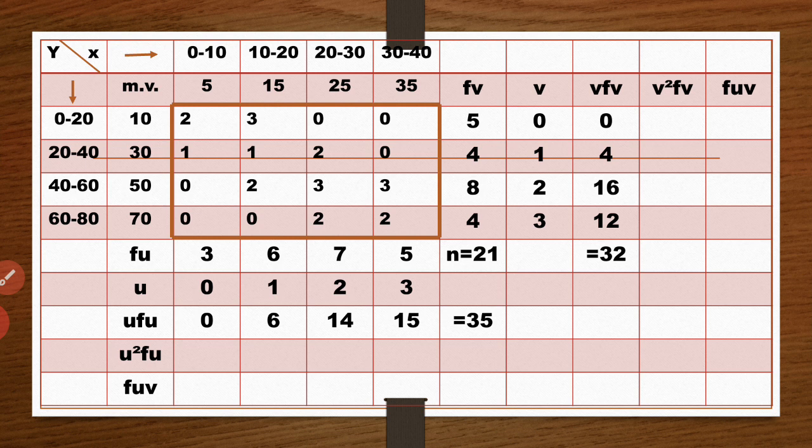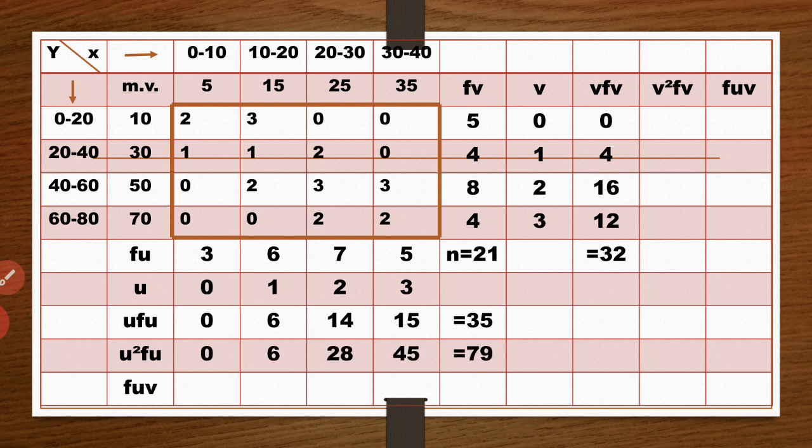So 5 into 0 is equal to 0, 4 into 1 is equal to 4, 8 into 2 is equal to 16, 4 into 3 is equal to 12. So you get the answer 32. It is called sigma vfv. So sigma ufu is equal to 35 and sigma vfv is equal to 32.